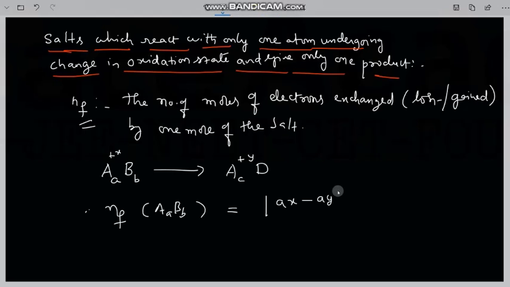You have to use this formula when the salt has one atom which is undergoing change in the oxidation state and which will give only one product. Here we have one product only, AcD. AaBb is the reactant. In that, only A in the reactant is changing its oxidation state from plus x to plus y. So in such cases, to calculate the n factor of the salt, we take 1 mole of the reactant and find the number of moles of the element whose oxidation state is changing.